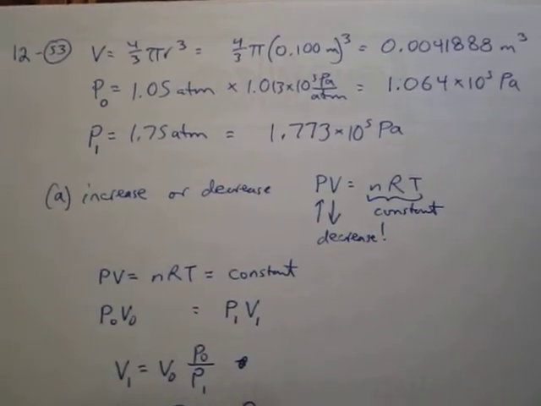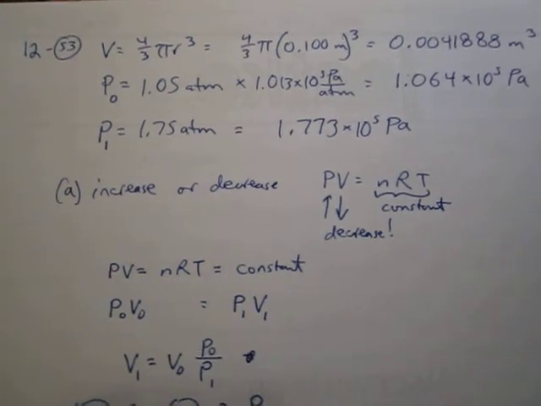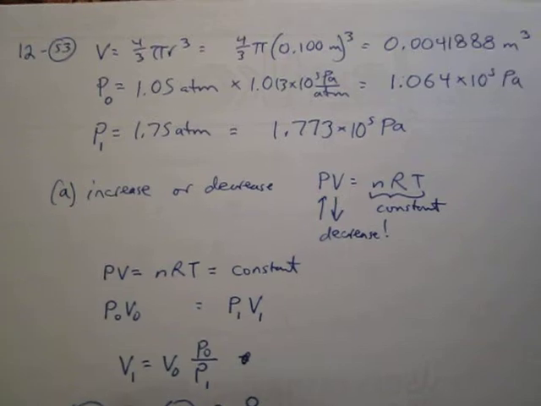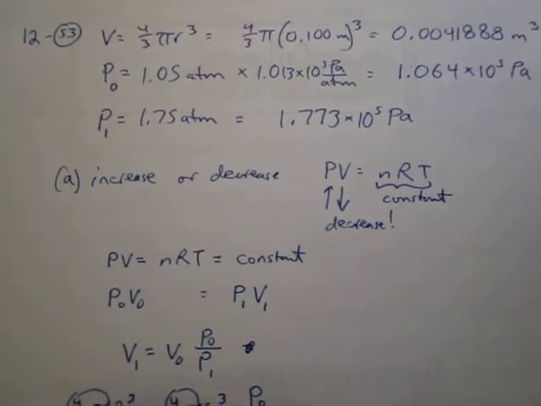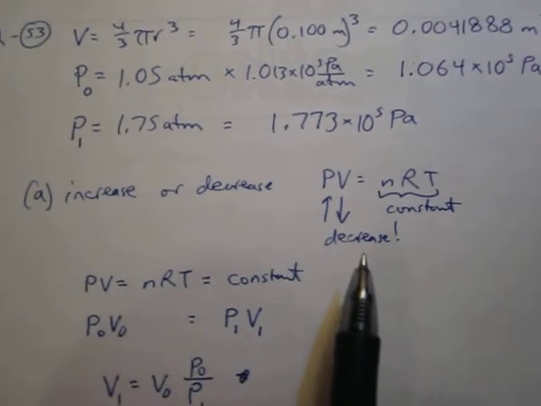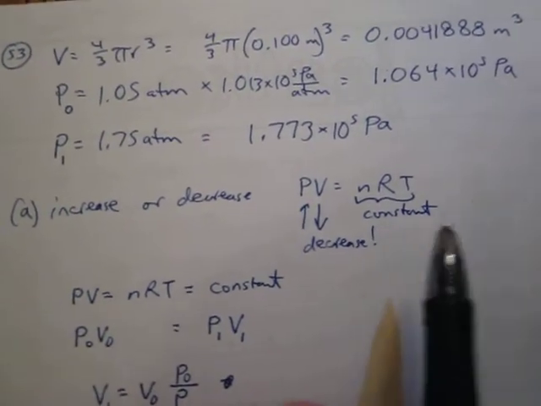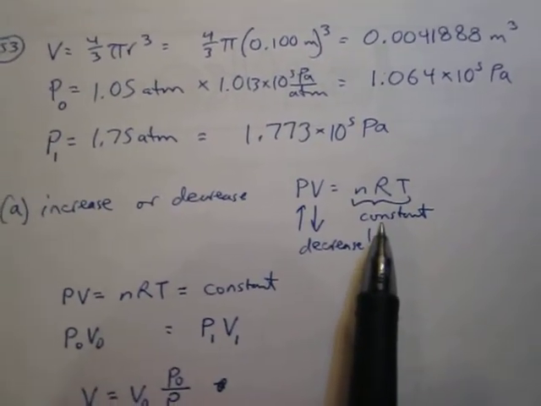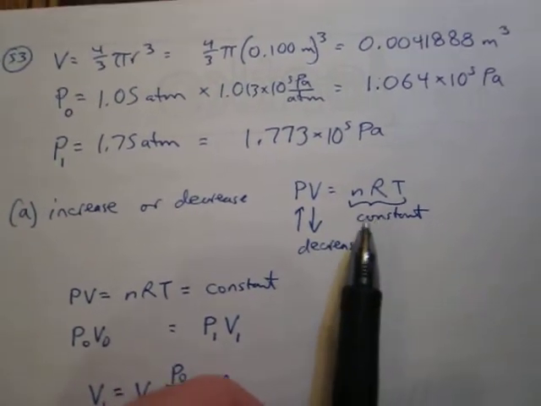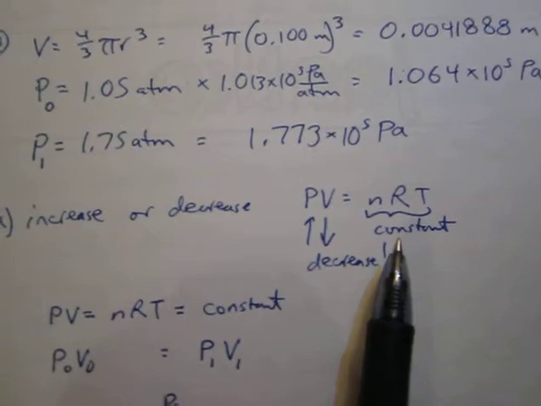Part A is asking, does the balloon size increase or decrease? Now, we could do part B to come up with that answer, but let's do this conceptually. With PV equals nRT, everything that's constant is on the right-hand side. Everything that varies is on the left. So it doesn't matter to me at the moment what is on the right-hand side.